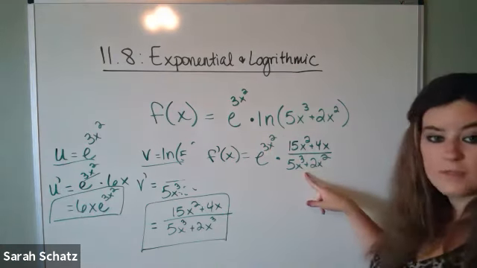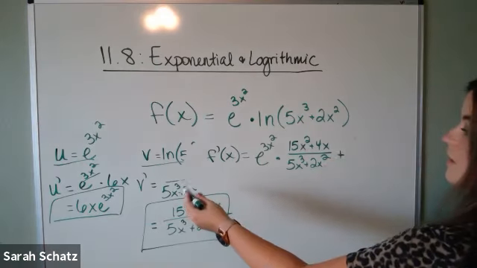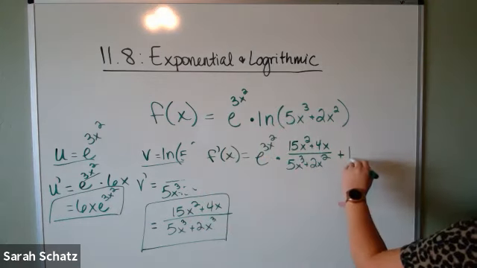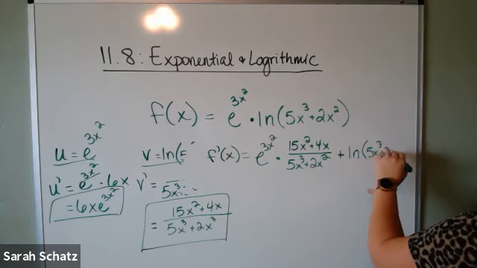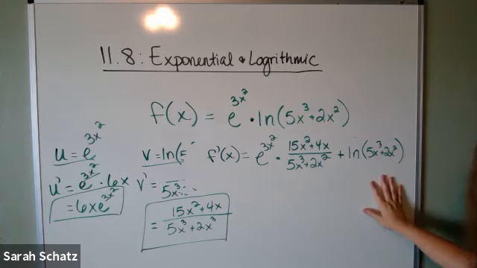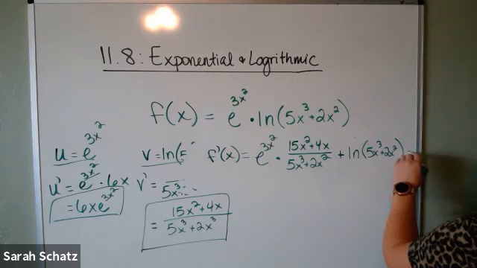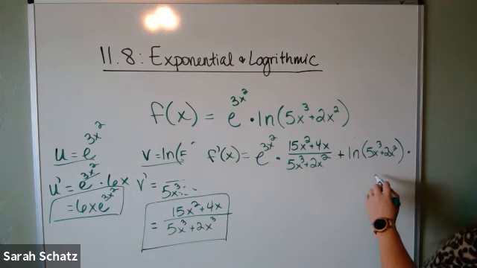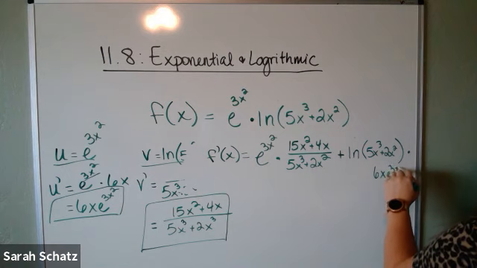This is u times v prime, plus v. v is just the natural log of 5x cubed plus 2x squared. Now, I don't have room, guys. You probably have room, so pretend this is all on the same line. This is v, and now I need to multiply that by the derivative of u, which was the 6x e to the 3x squared.